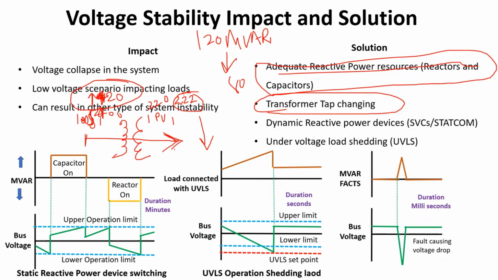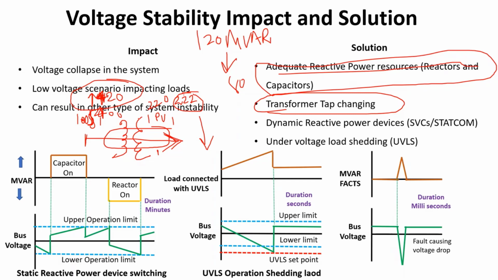But optimal planning, even for light load operation, is like that: you don't need to transfer any amount of reactive power from high voltage to low voltage or low voltage to high voltage. It should not be there. Both systems are electrically connected, right?